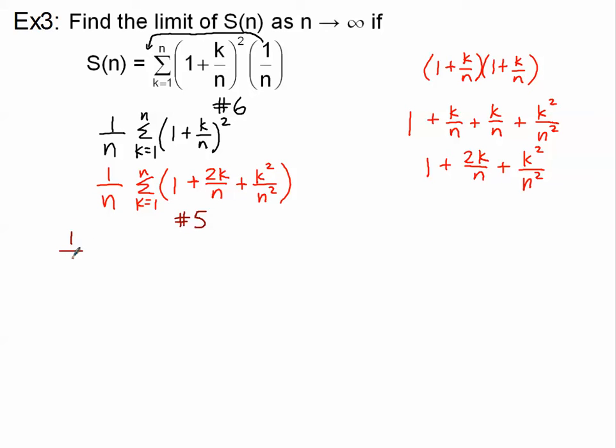So I've got 1 over n, and then I'm going to have 3 separate sigmas. It's not really distributing, but you can sort of think of it like that. So I've got the sigma of the first piece, 1, plus the sigma of the second piece, 2k over n, plus the sigma of the third piece, k squared over n squared.